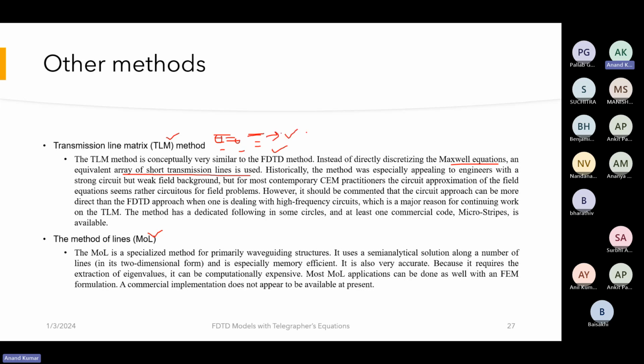So just to know that there are other methods apart from FDTD, MOM, and FEM which are popular. And I believe there is some solver also based on this. I don't recall its name. There is another method, the method of lines. I'm not sure how much work is done on this method, but this is primarily for waveguiding structures.